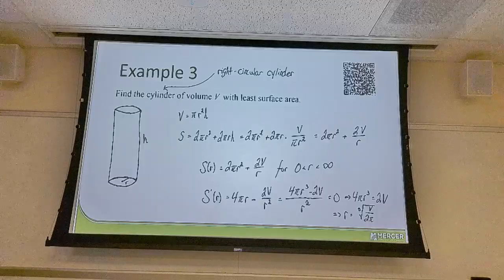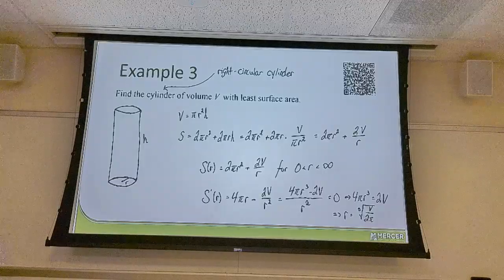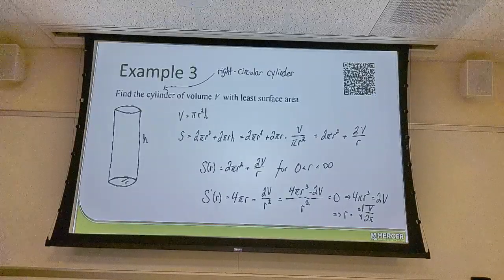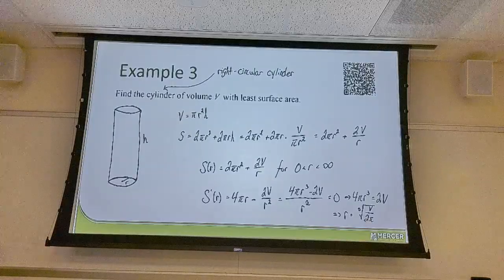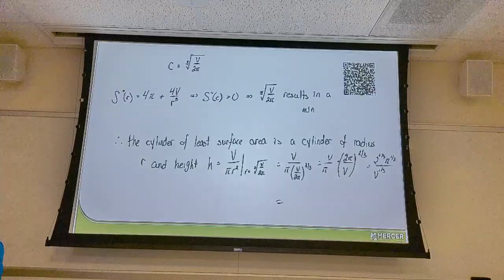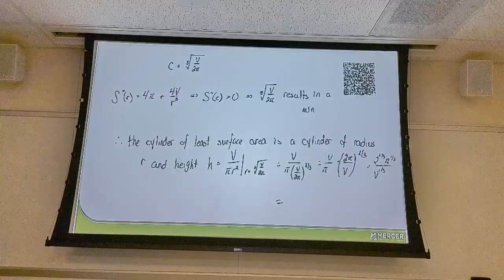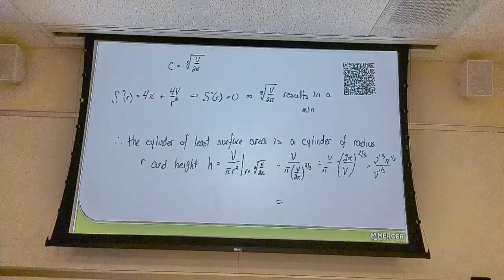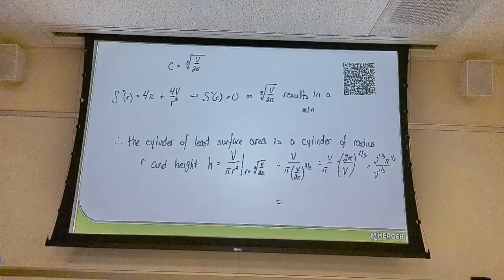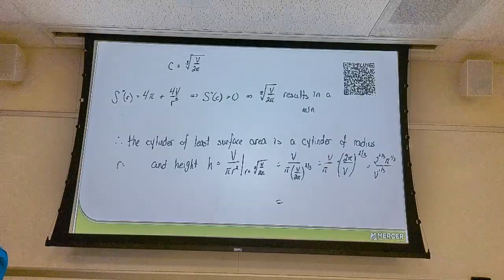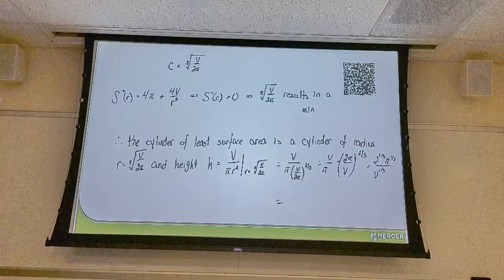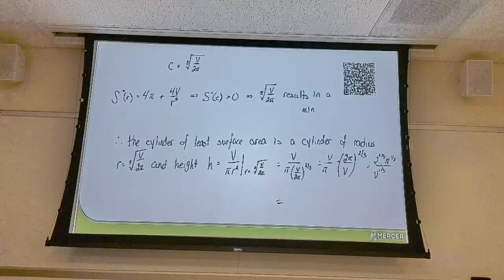So we still have r cubed. How does that become twice that?